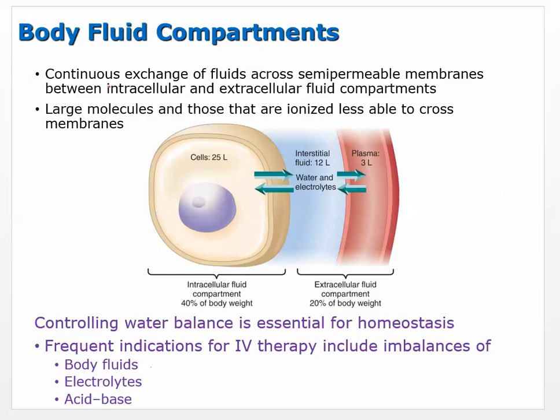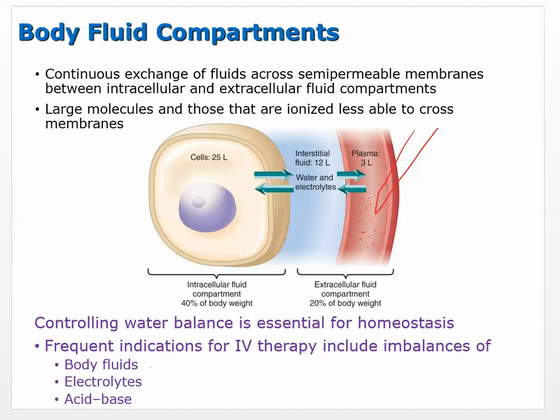Okay. So, body fluid compartments. So the thing to remember here is that when you give an IV treatment, you can put in, like, think of a saline solution, 0.9% saline. You put in fluid and you put in salt. And really, if you're putting in an isotonic solution, you're trying to match the general concentration of what's inside the vessel.